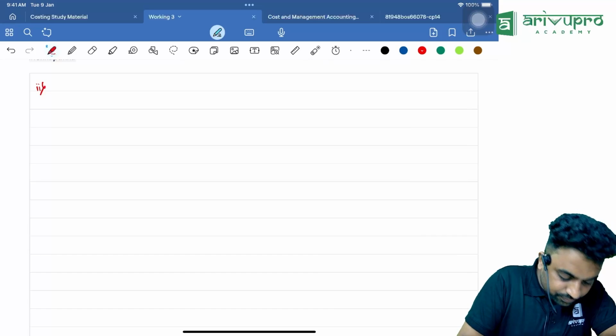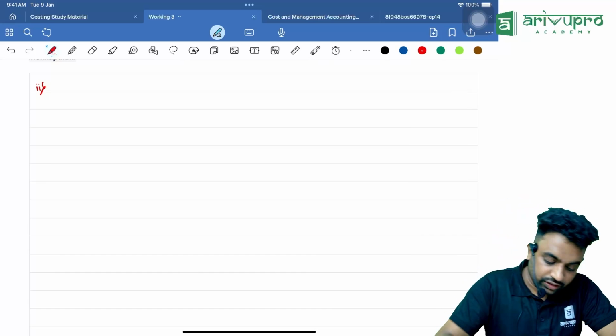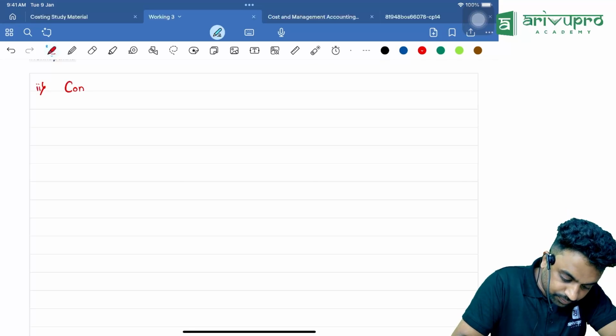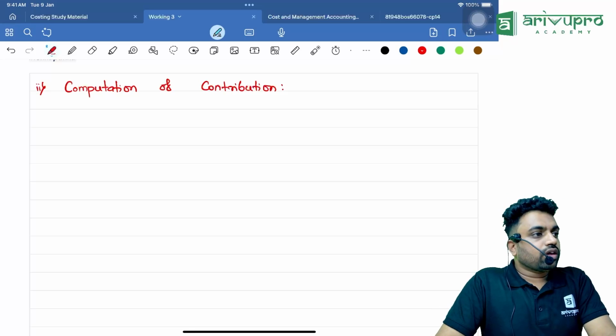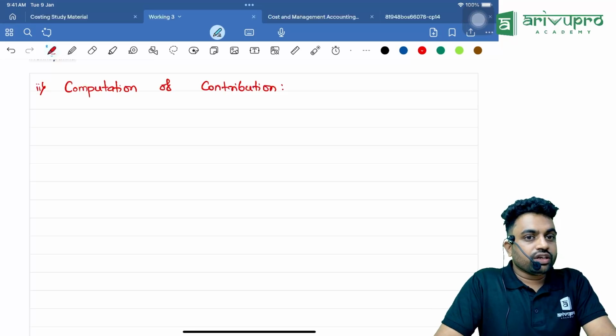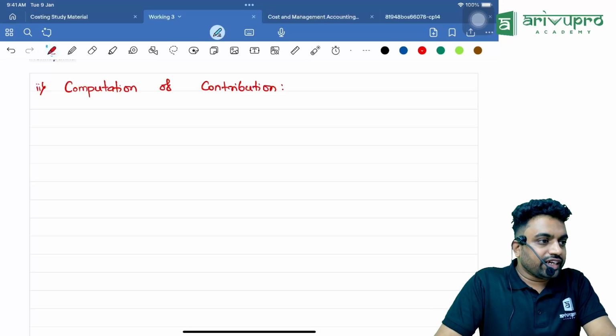Second one. Computation of contribution. Total cost we already calculated, that is not going to change. Revenue is going to change.